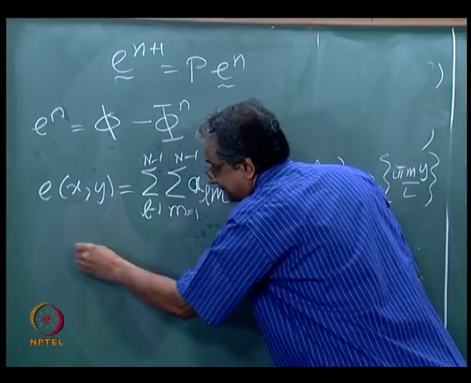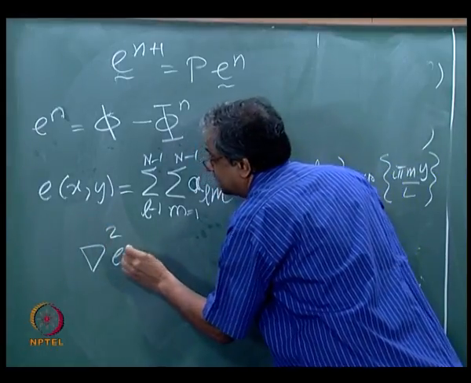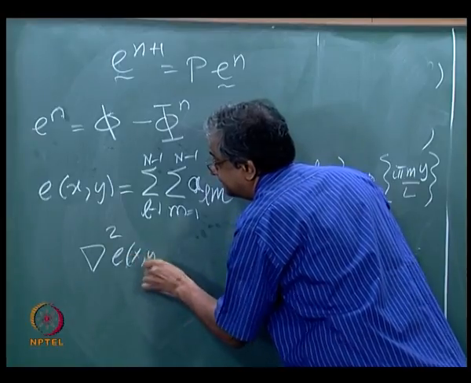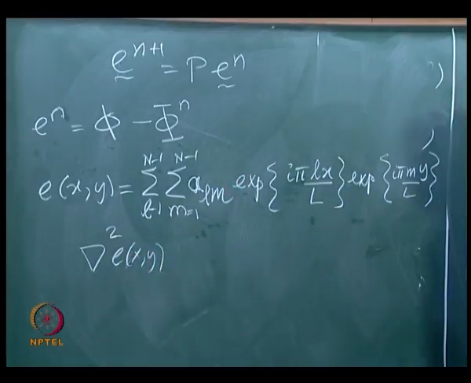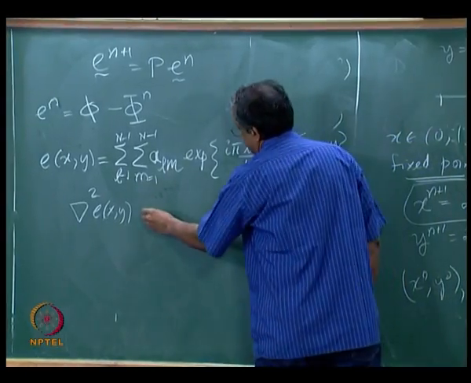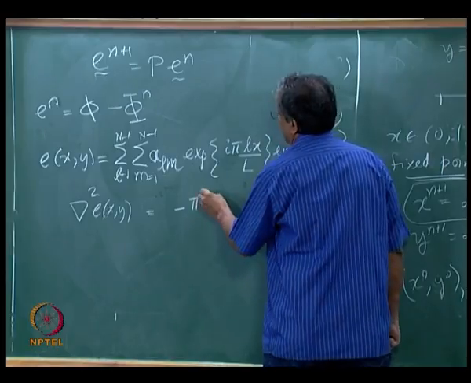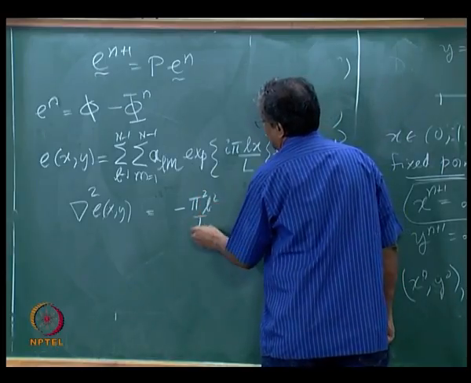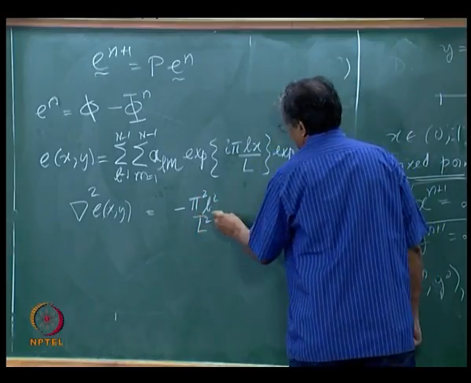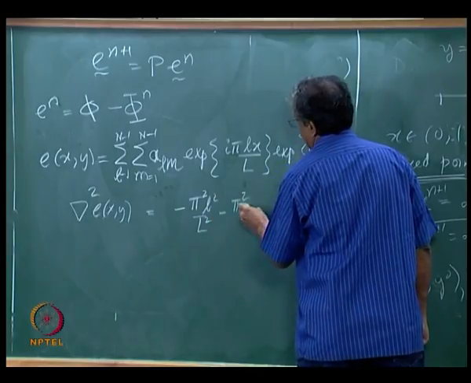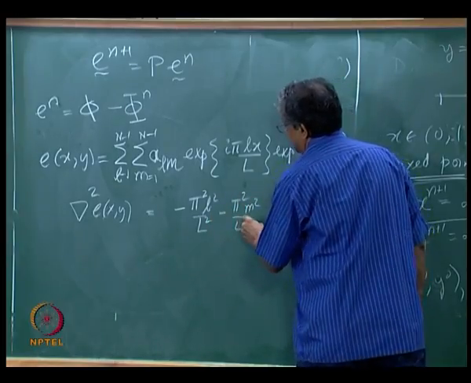Nabla squared, what is Nabla squared of E(x,y)? Minus pi squared l squared by L squared, minus pi squared m squared by L squared.